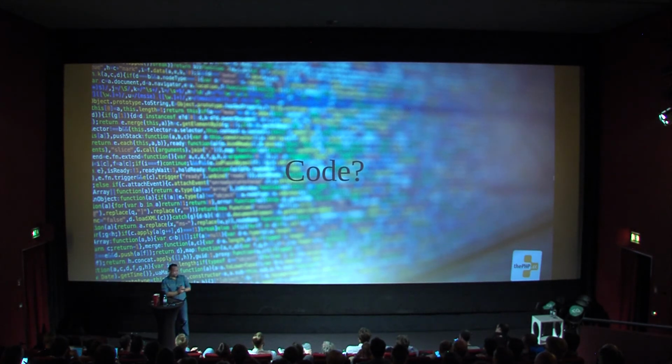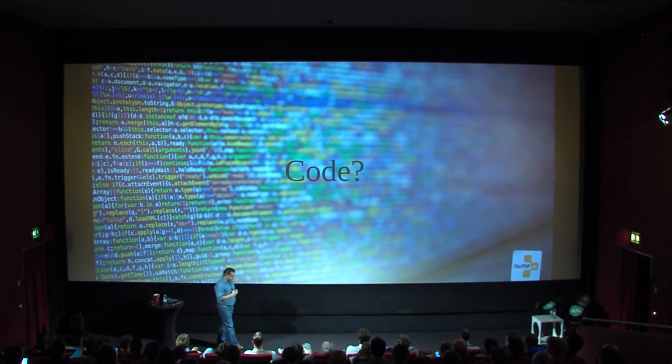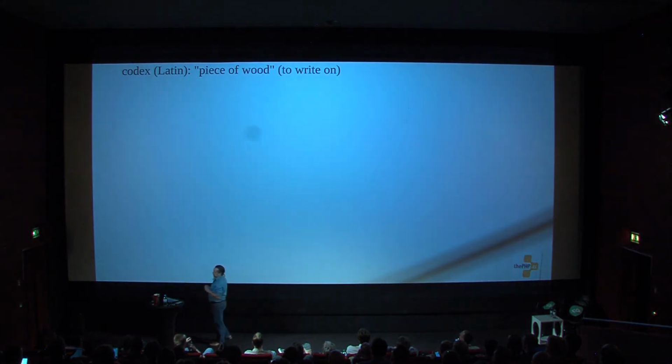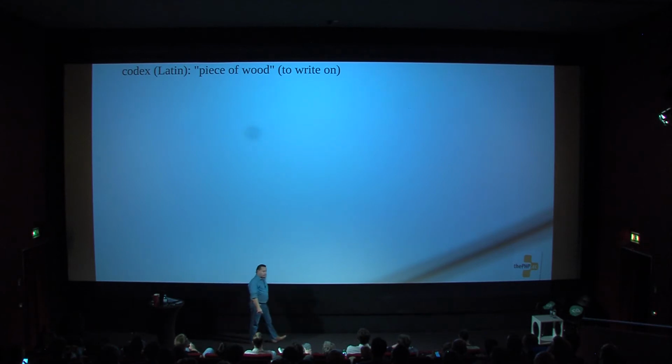So what is code? I researched where the word comes from, and what I could find was that code seems to originate from the Latin word codex, which originally meant a piece of wood. A piece of wood is something you can write on if you don't have paper yet, okay?